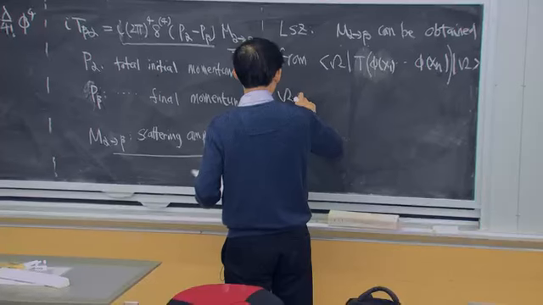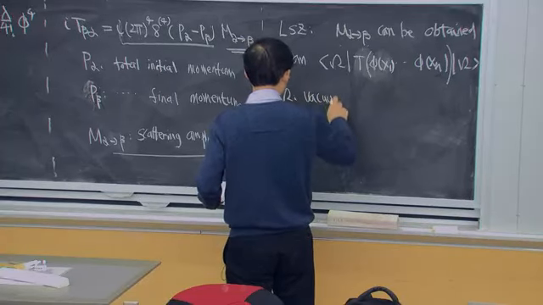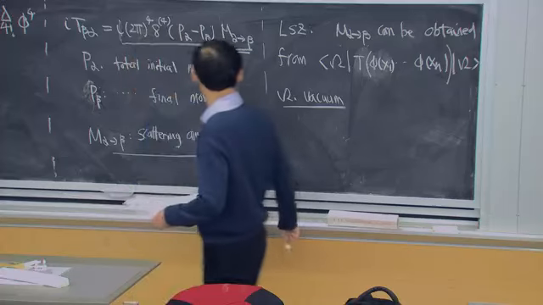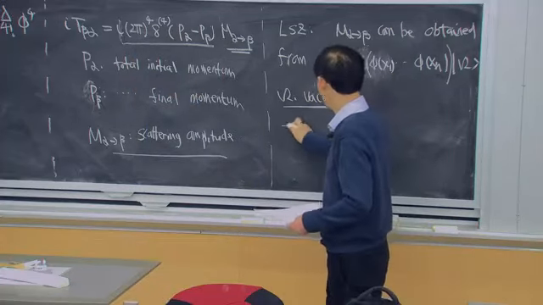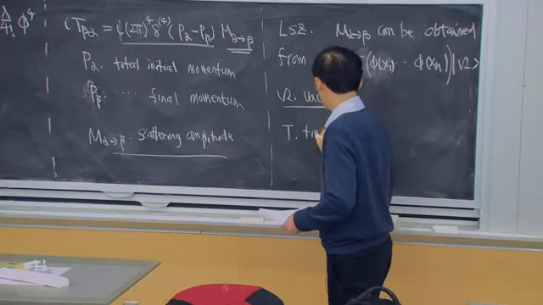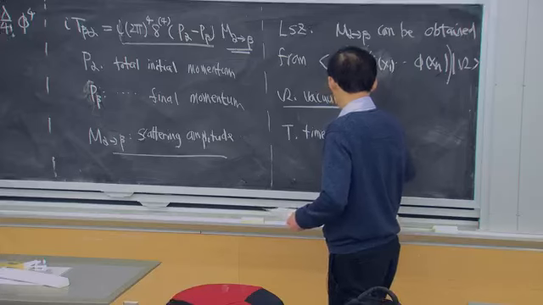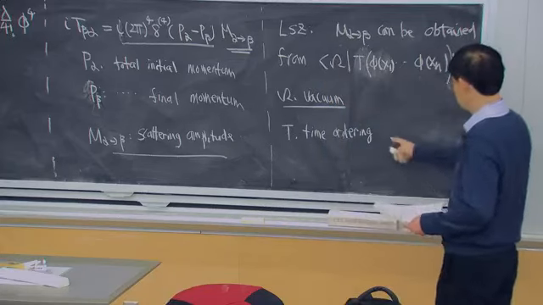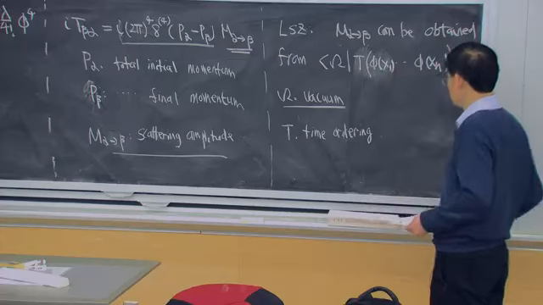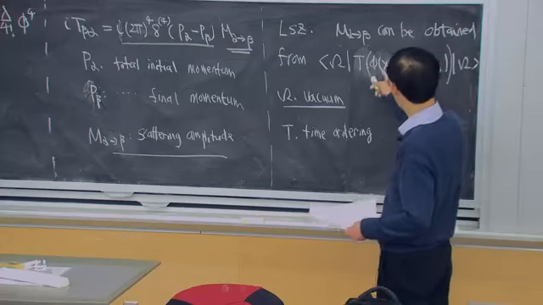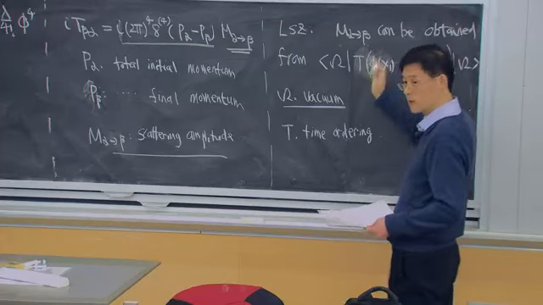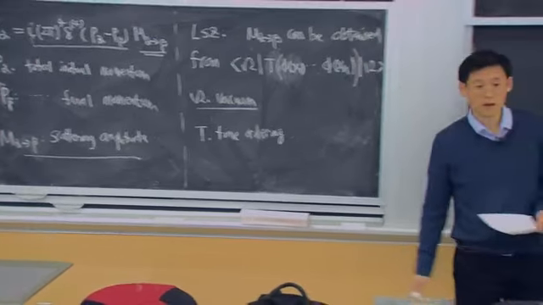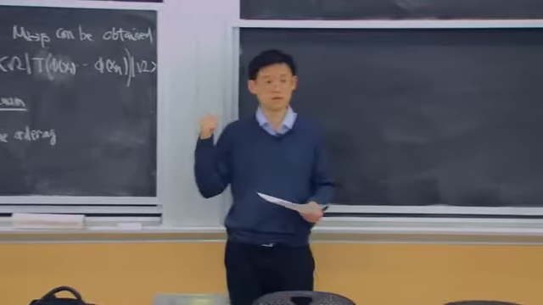The omega is the vacuum of your interacting theory, and the T is time ordering, which means that whichever has the larger time will appear earlier. Any questions on this?